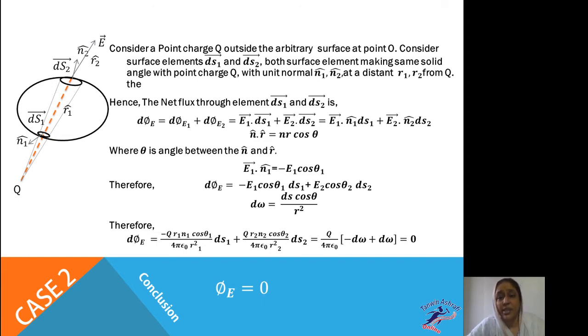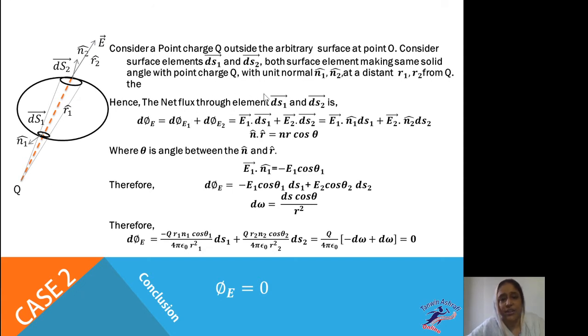Both surface elements make the same solid angle with the point Q, so that the working will be somewhat minimized in mathematics. The unit vector n̂1 of ds1 points out this way and n̂2 points this way. ds1 is at the distance r1 and ds2 at the distance r2 from the charge q.